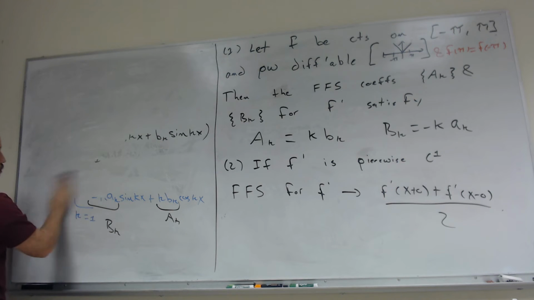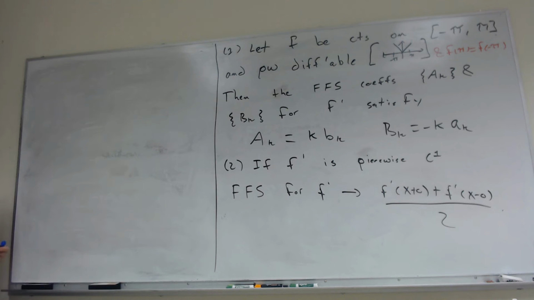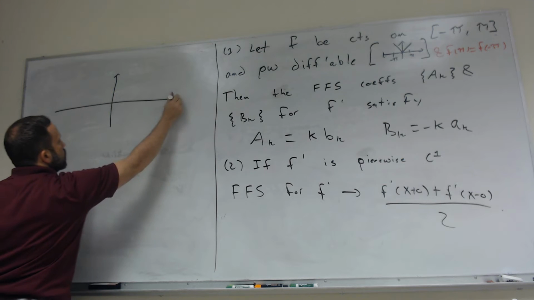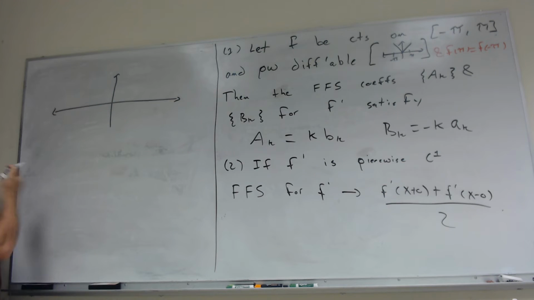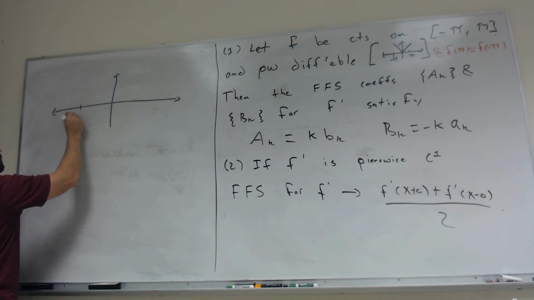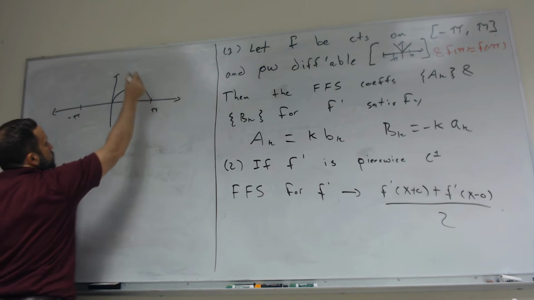Let's catch the full Fourier series for a specific example, the full Fourier series for the derivative. So let's say this is minus pi, this is pi. We have this function here.